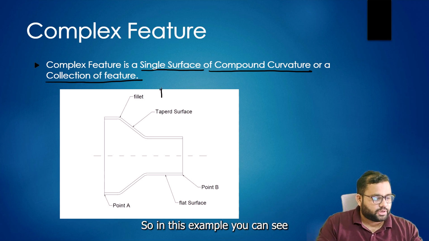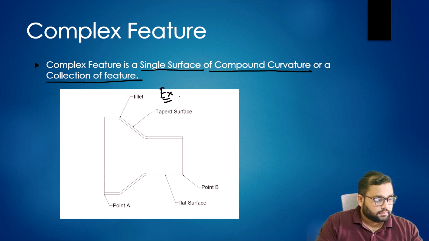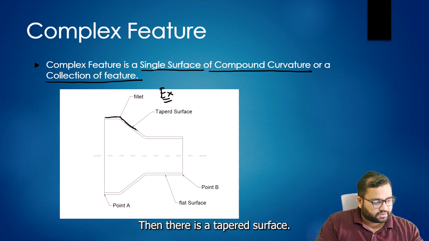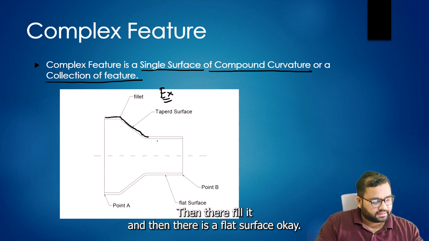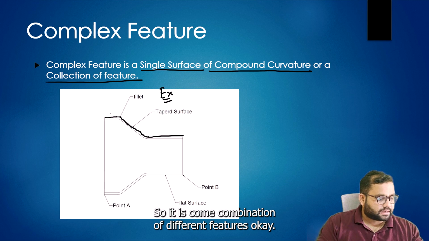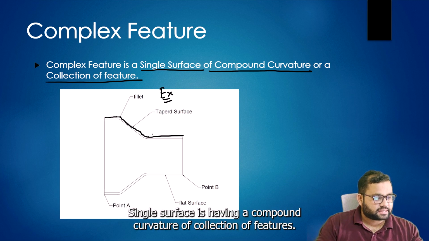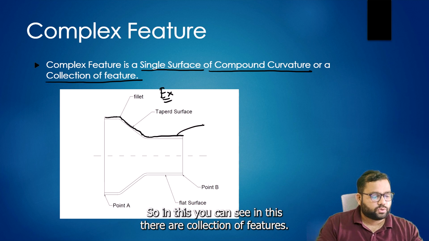In this example you can see a flat surface, then a fillet, then a tapered surface, then a fillet, and then a flat surface. So it is a combination of different features. A single surface having compound curvature is a collection of features.